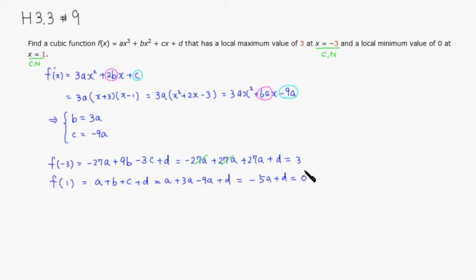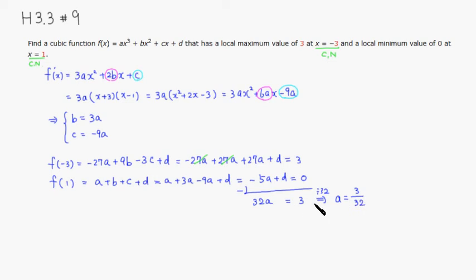So we can just subtract: 27 minus negative 5, so you're adding, it's 32a. And d minus d is 0, and 3 minus 0 is 3. Hopefully I did that correctly. So divide by 32, we have a equals 3 over 32.